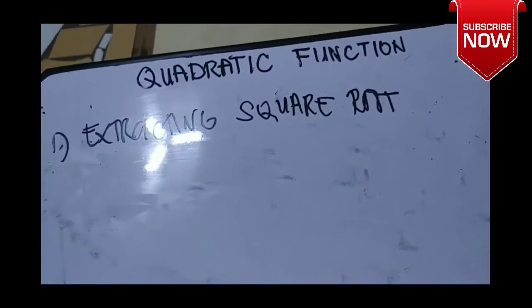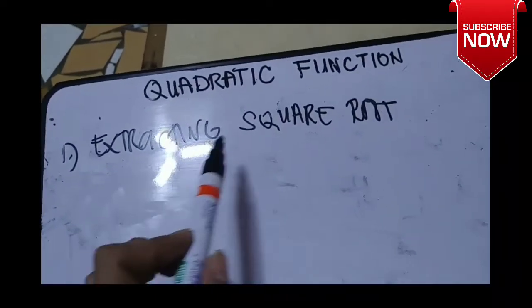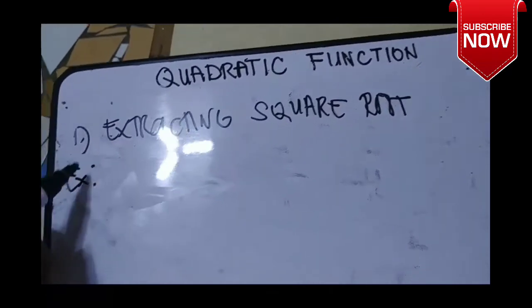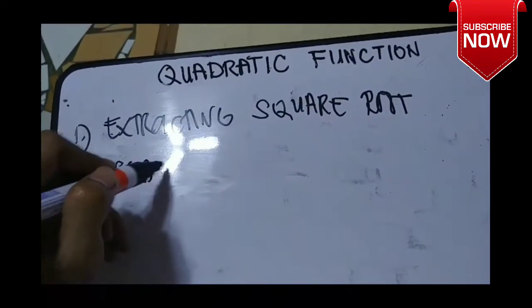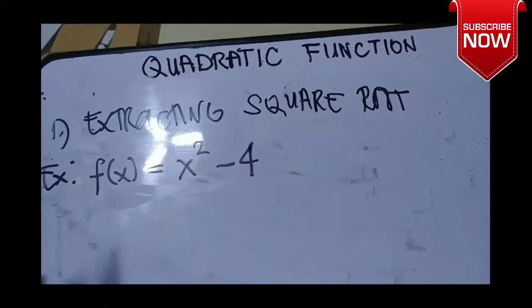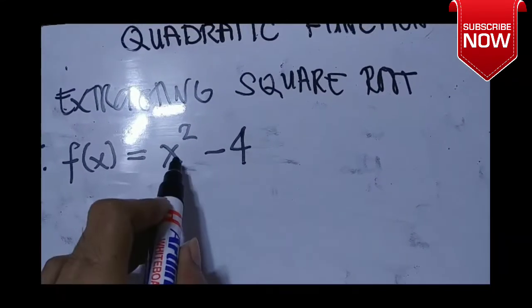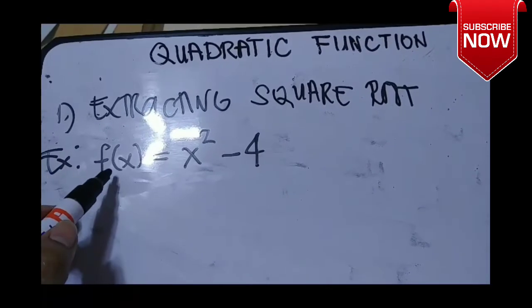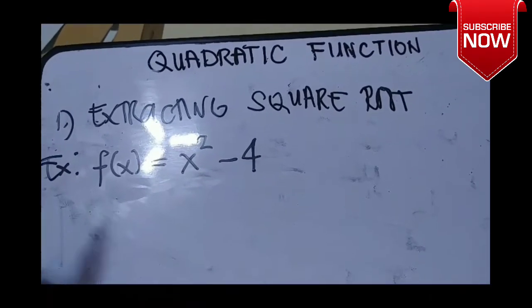Okay, so now let us discuss the first method, which is extracting square root. So, magbibigay muna tayo ng sample. F of x is equal to x squared minus 4. At para malaman natin kung ano ang value ng x, kailangan nating i-let ang f of x is equal to y is equal to 0.